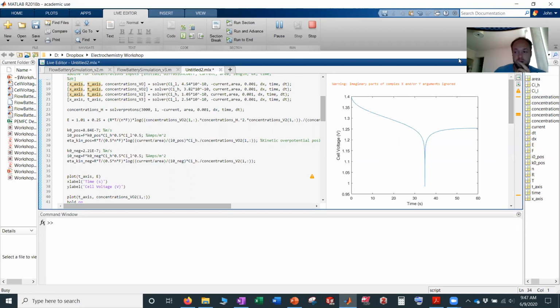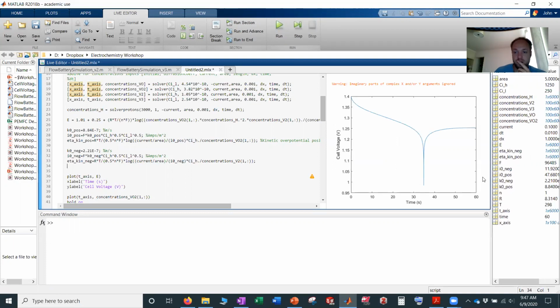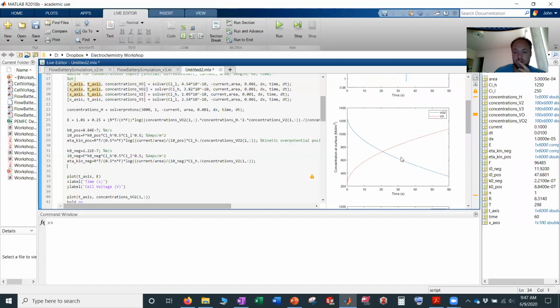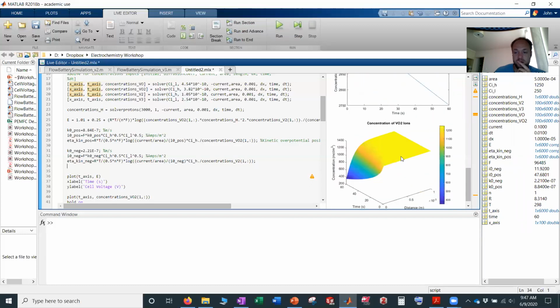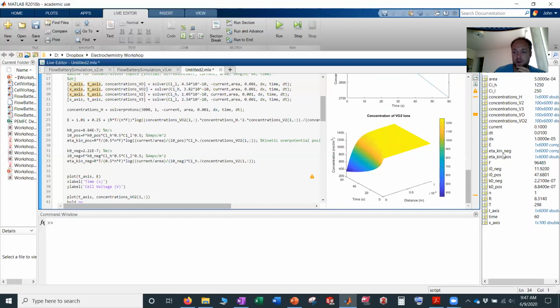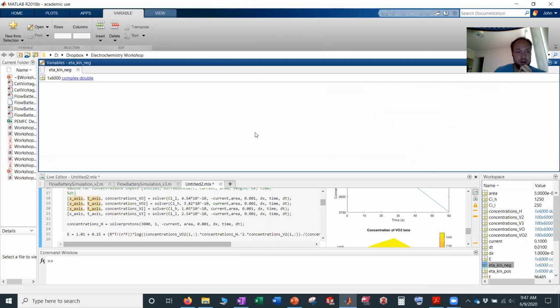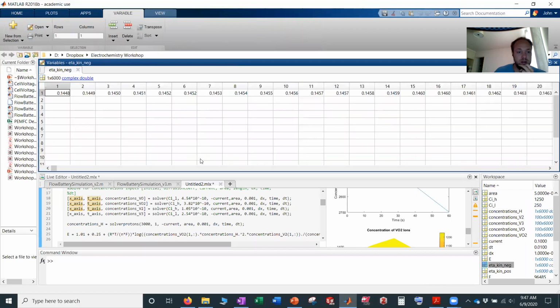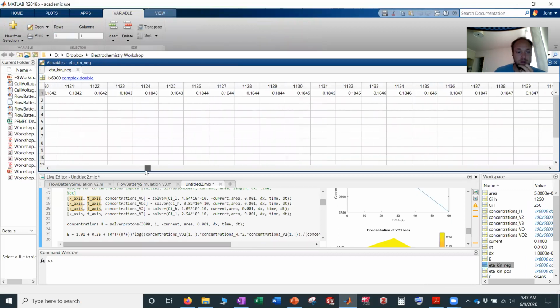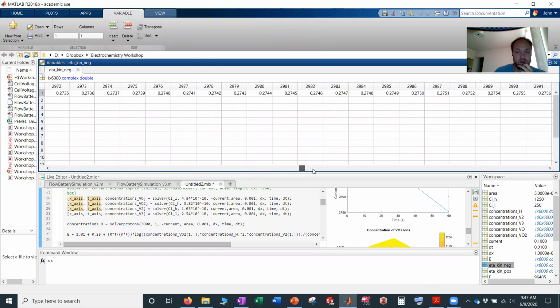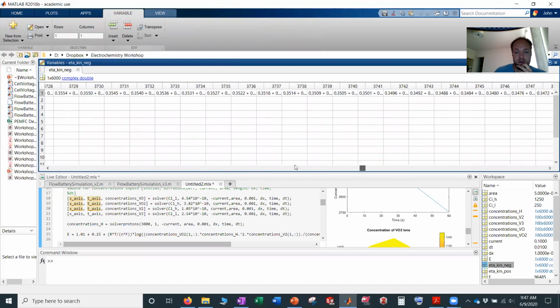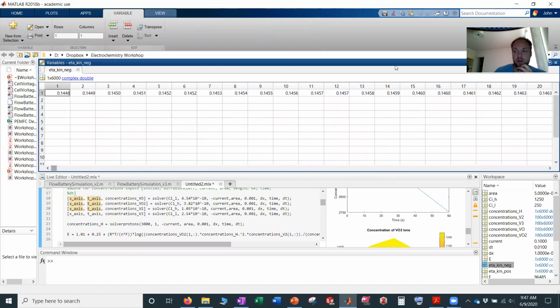Okay, so it looked like it ran, right? No error messages. This all looks good. So let's check our eta. Cool. So they look reasonable, right?